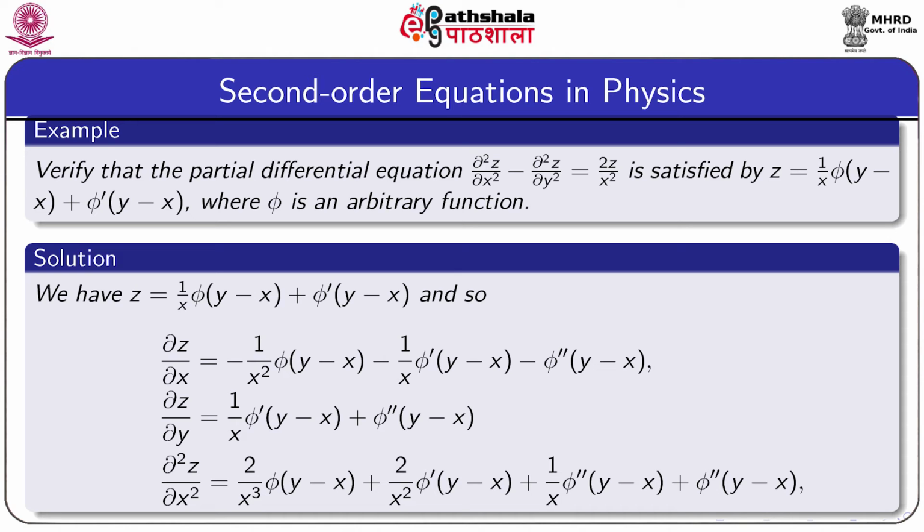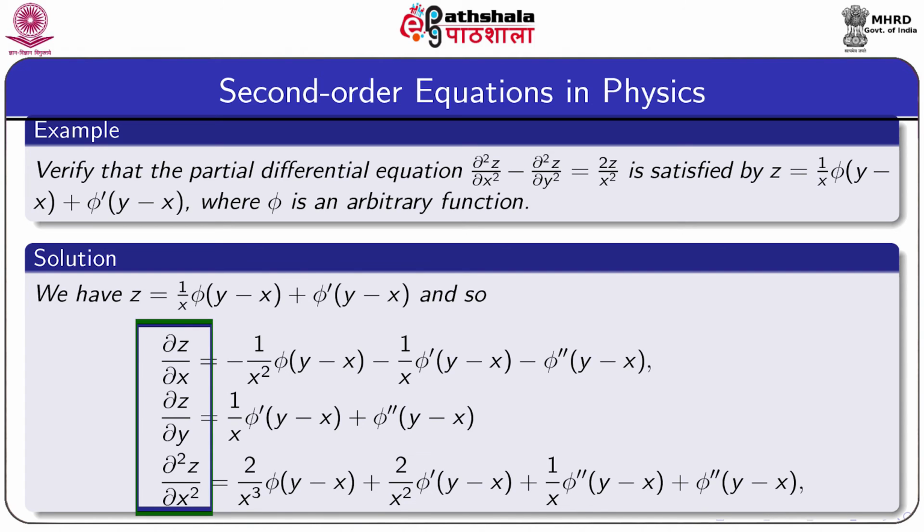So, del z del y is equal to 1 by x phi dash plus phi double dash, and we take the second order derivative of z with respect to x to obtain the expression which is written here, and we also need to take the second order derivative with respect to y. Del 2z del y square equals 1 by x phi double dash plus phi double dash.